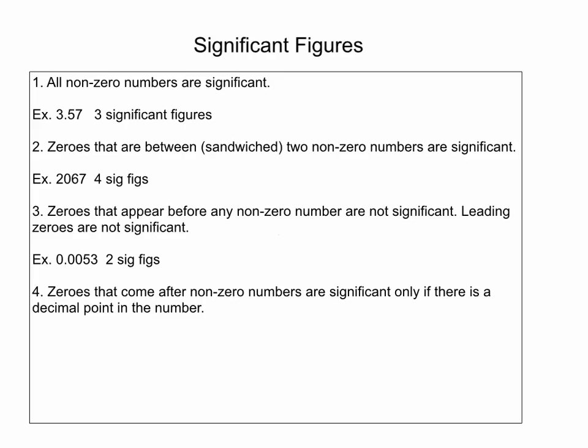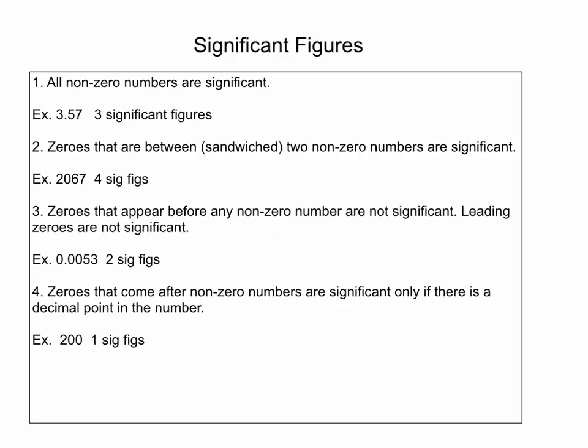For example, if I have the number 200 and that does not have any decimal point in it, those zeros are at the end of a number, and there is no decimal point, that will mean this only has one significant figure.